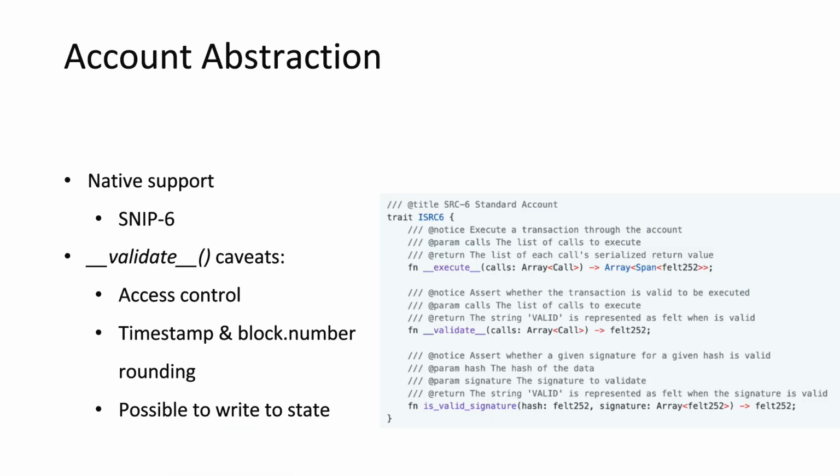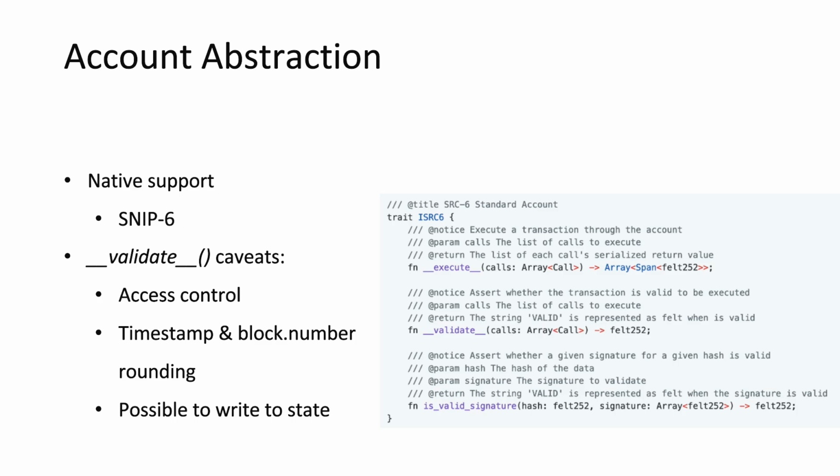So you can implement the ISRC6 interface, and what will happen is when a transaction is executed, the sequencer will first call into validate to verify if the transaction is valid, and then it will call validate once again right before the execution. And there are some caveats here, of course.